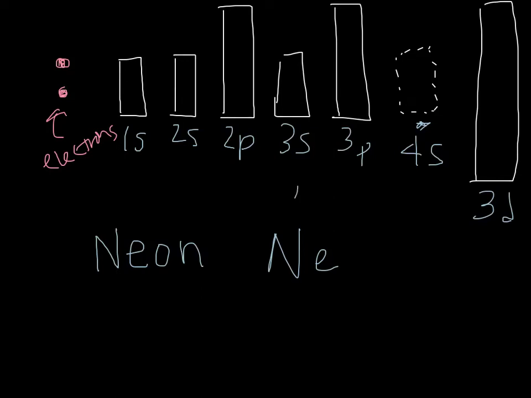So if I wrote 10 here, and an atomic mass of 20.17, then I would know that it has 10 electrons, 10 protons, and about 10 neutrons. So when we're talking about electron configuration, we're just going to discuss electrons. So let's fill out these boxes as if we're trying to model the element neon.